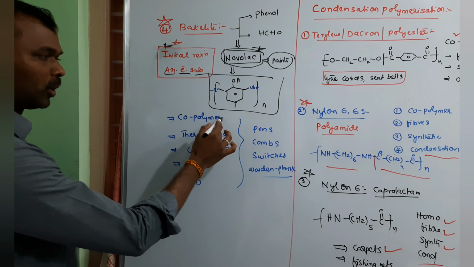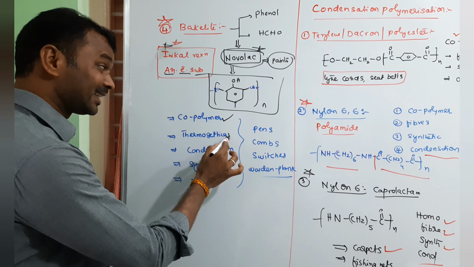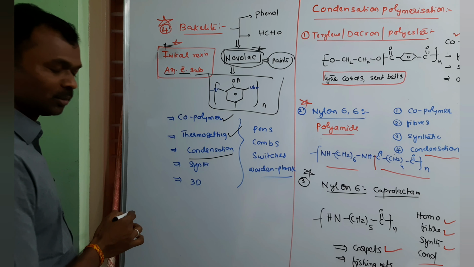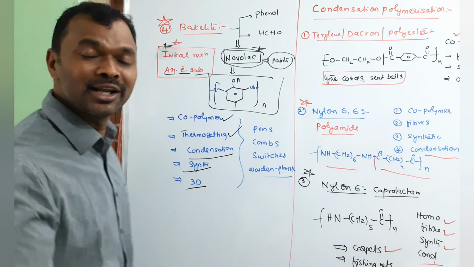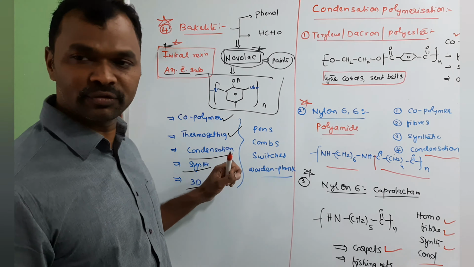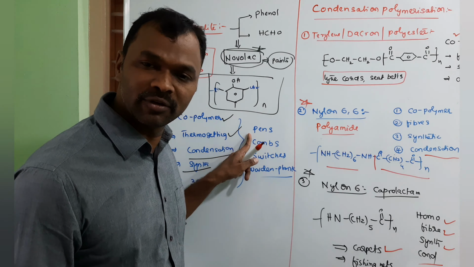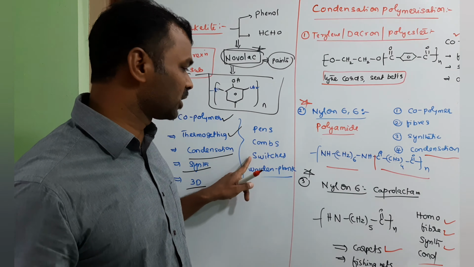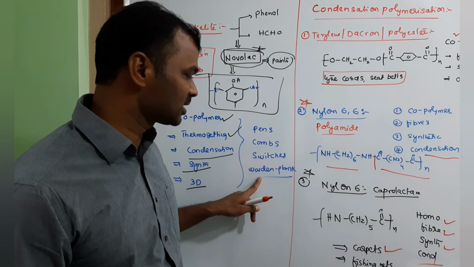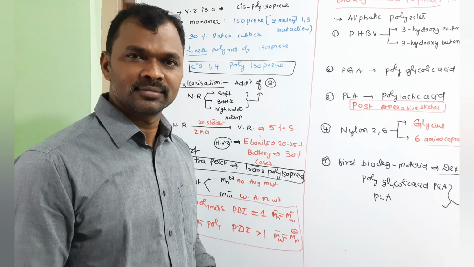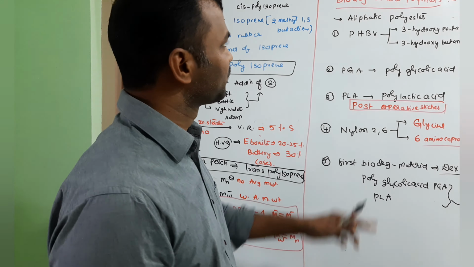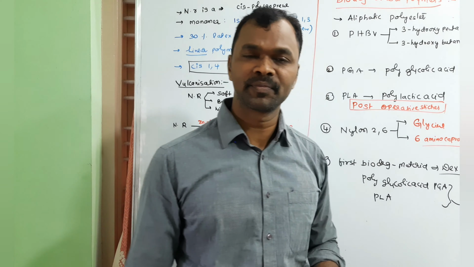So which is copolymer, thermosetting, condensation polymerization, synthetic polymer, three-dimensional polymer. Uses, if you observe, in the preparation of pens, combs, switches, and wooden planks are prepared by using this.